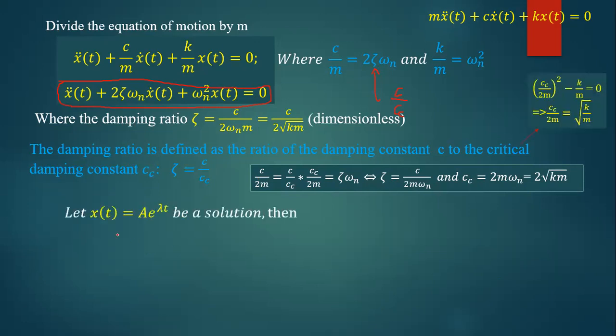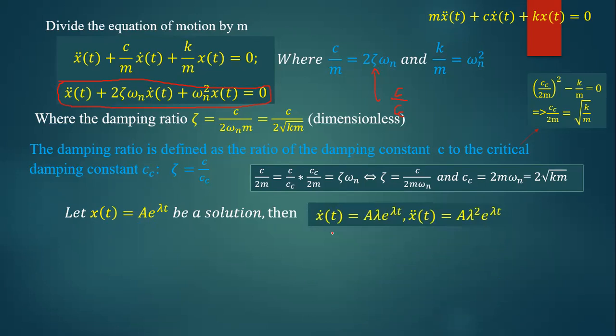So let's consider x of t. Let's assume x of t is equal to A e to the lambda t be a solution, because this equation is a homogeneous equation of second order differential. Therefore, for such an equation, we can assume either a trigonometric relation, or an exponential function like this.